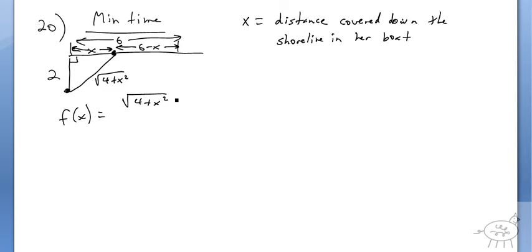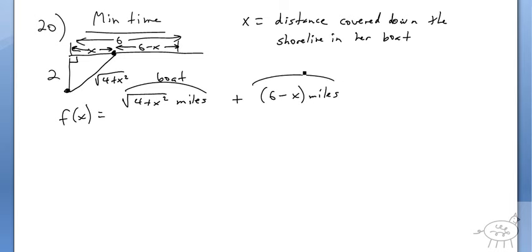That's the distance traveled in the boat, which is our hypotenuse here, plus 6 minus x miles, which is the distance traveled walking. Now, that's in terms of miles, but we know the speed of each one of these.